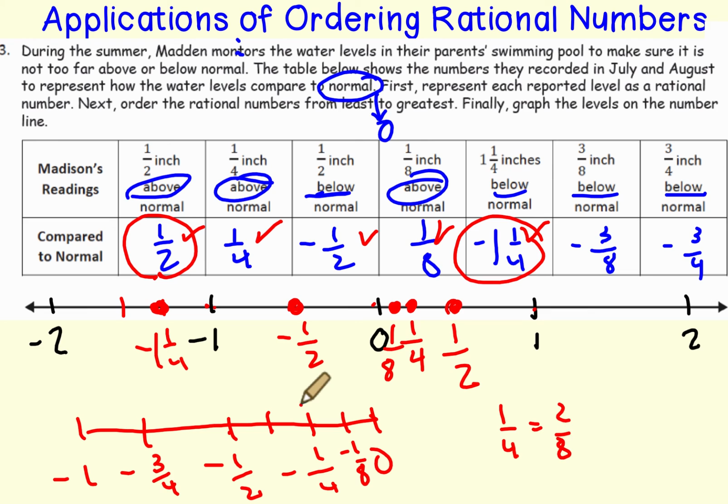So if this is 2/8, then halfway between -1/4 and -1/2 has to be -3/8. So that means if -1/4 is here, -3/8 would be right about there.